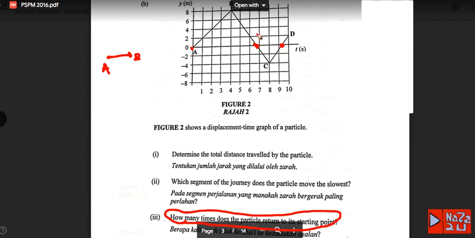So we have the first and the second time, 2 times the particle returns to the starting point, where the displacement y is equal to 0, right?